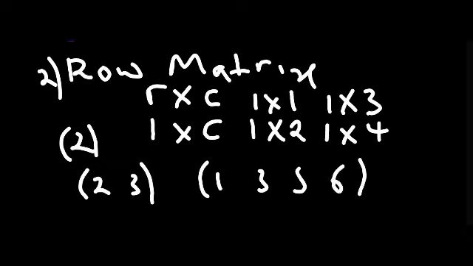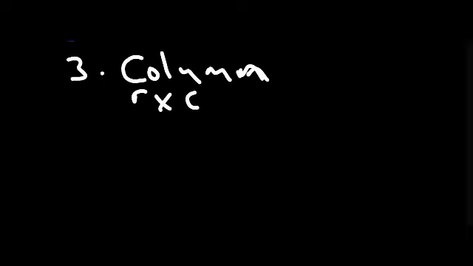Which now takes me to the next one, which is the column matrix. So the column matrix is just the same as the row matrix, but it is the opposite of it. So meaning that here we'll have one column instead. So if you have row times column, it means we have row times 1.